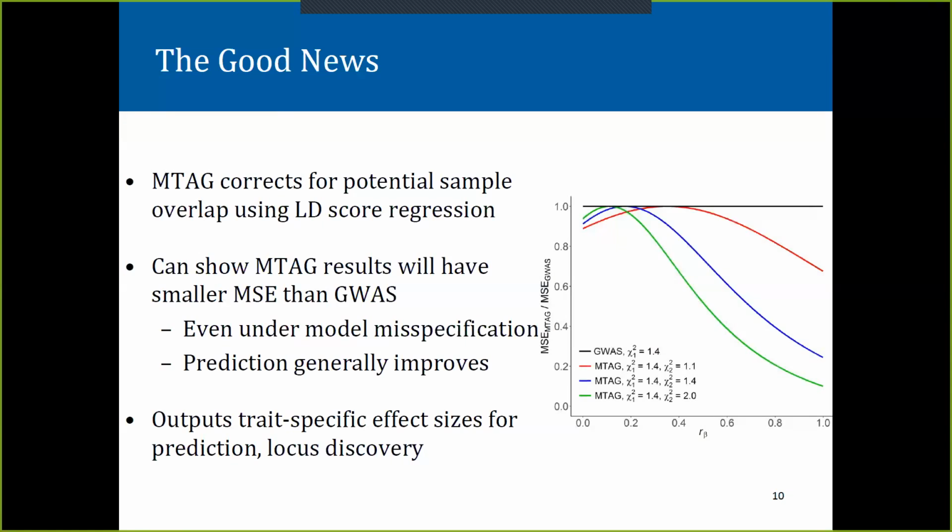Another nice property of MTAG is that under the assumptions of the model, so if the homogeneous omega assumption holds, then the betas that MTAG produces have a trait-specific interpretation.